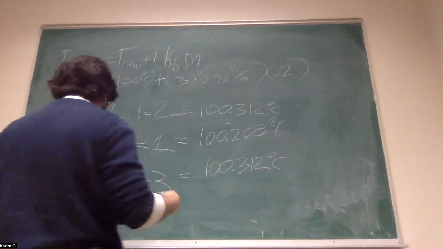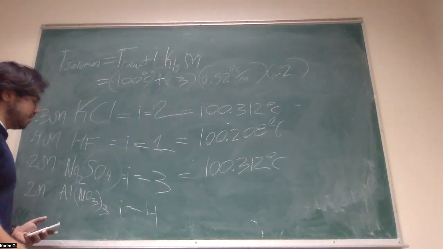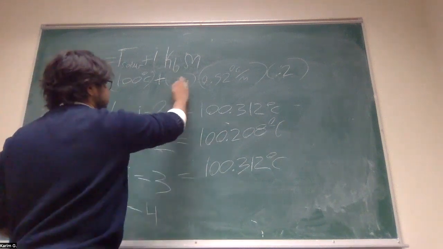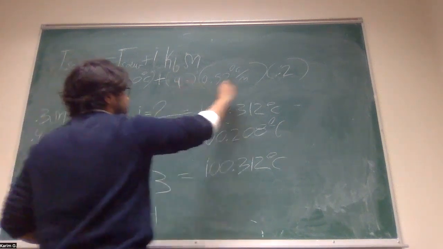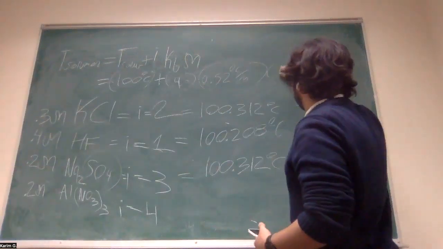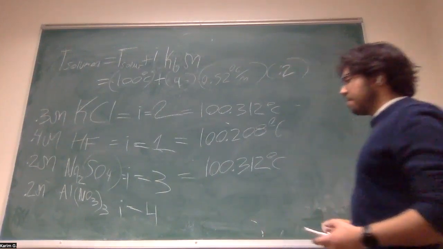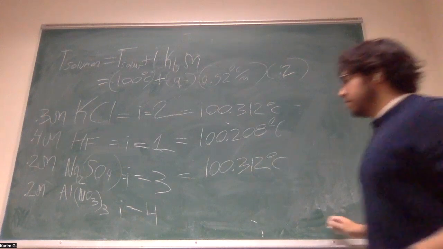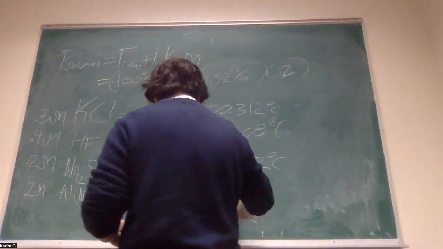Right? Okay. Now, if we wanted to find aluminum nitrate, it's the same thing, just a 4 here and a 0.2 here. So then 0.52 times 0.2 times 4. Then we have a winner.